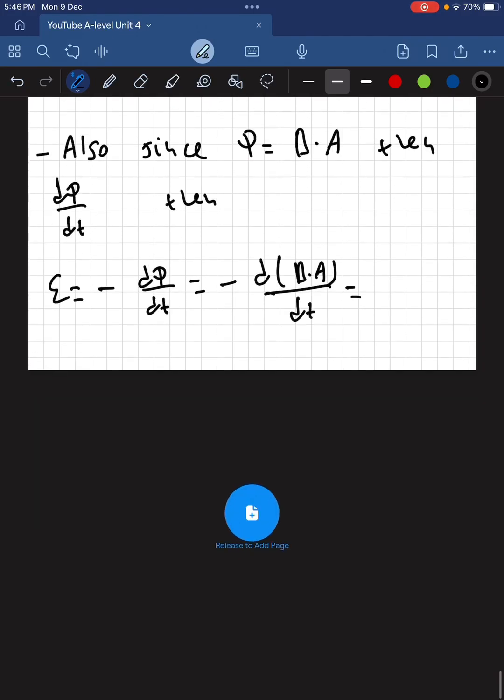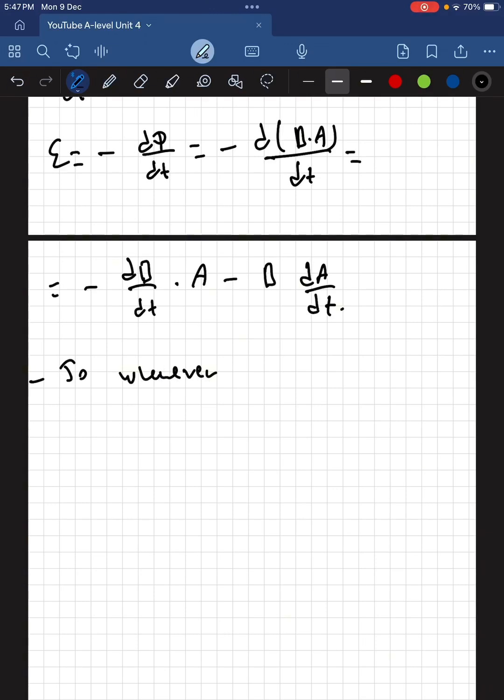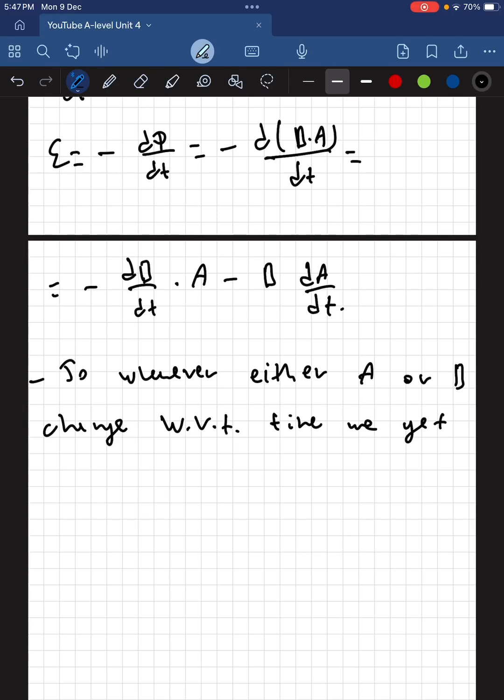And now from the derivative rules we get two terms: minus dB over dt times A, minus B dA over dt. So whenever either the surface area or B changes with respect to time, we get an EMF.